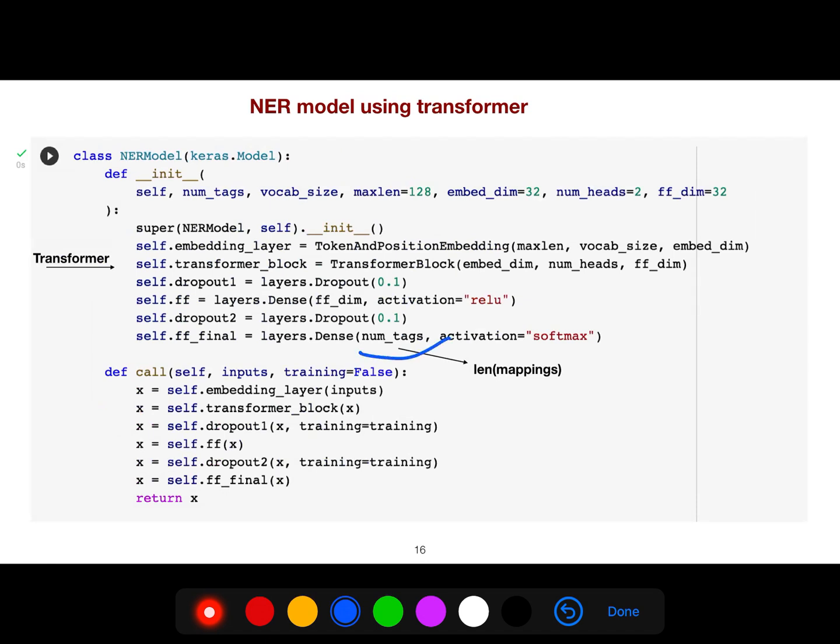So the number of tags is just the length of your mappings. So we first tokenize and do position embedding, and then we use the transformer block, and after that you give it to dropout and a dense layer, and this is your transformer. So we use the transformer for named entity recognition.